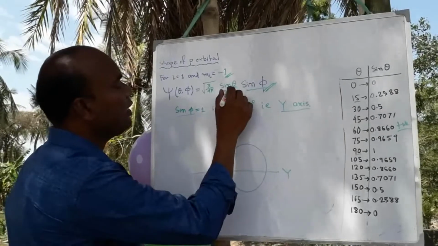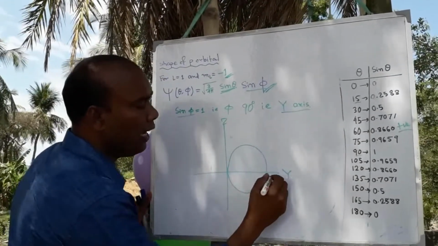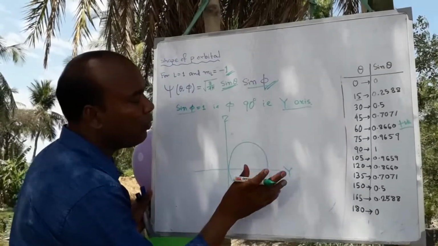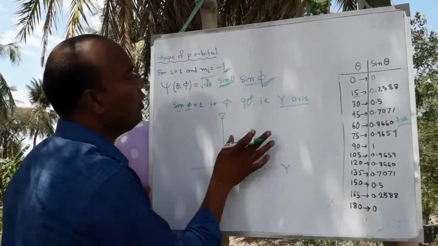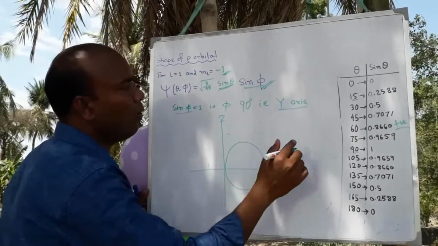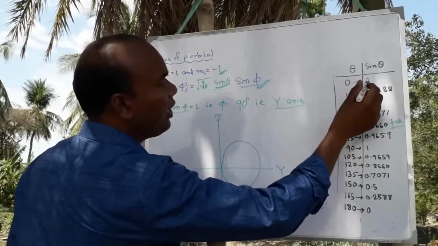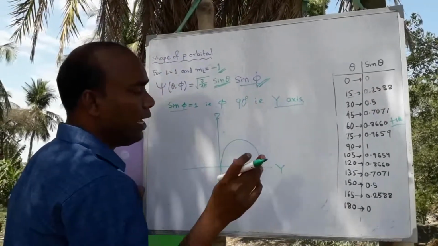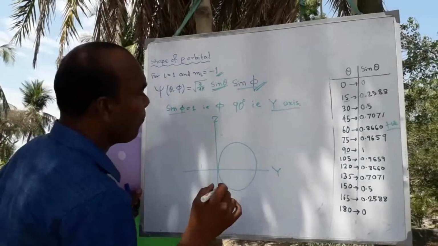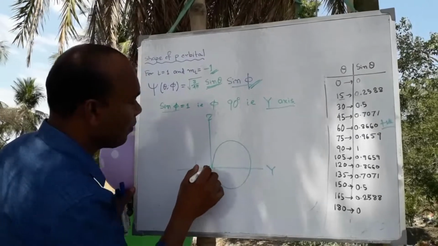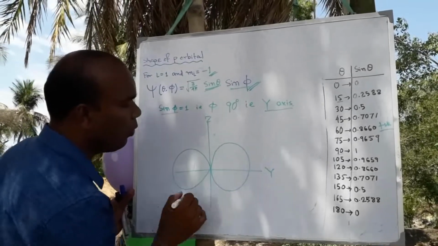Then plot sin theta versus theta, and that will give you a circle like this along the y-axis. Now if you plot this circle for different values of phi, you see when phi equals 0, then sin phi equals 0. So along the x-axis there is no circle. So you will get a dumbbell shaped orbital like this along the y-axis.